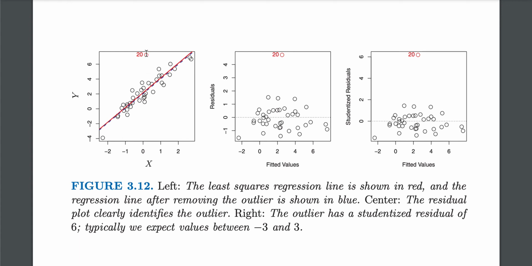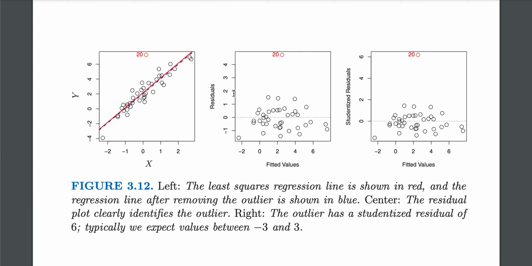Another way of seeing this is by plotting the residuals or even the standardized residuals versus the fitted values. The standardized residuals are more informative because we can draw some lines saying, okay, if it's outside the -3 and 3 range, then that observation is an outlier.